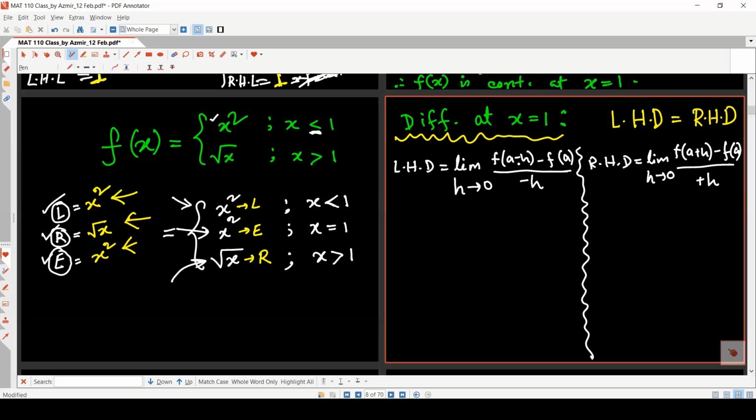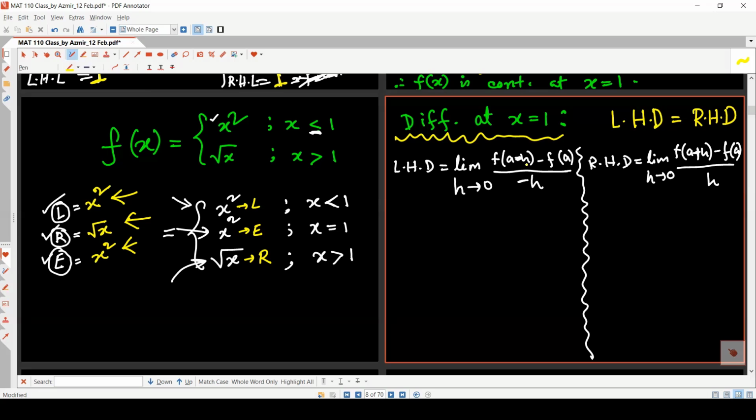Remember, for left-hand derivative, we have minus here and here. For right-hand derivative, we have plus here and in the denominator also. So we have to now find left-hand derivative and right-hand derivative.